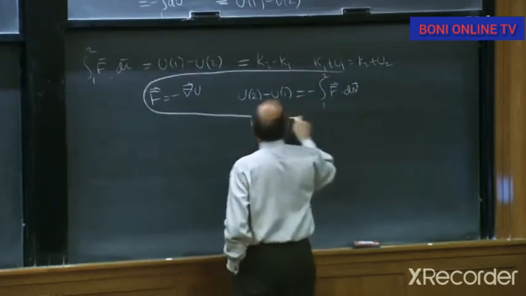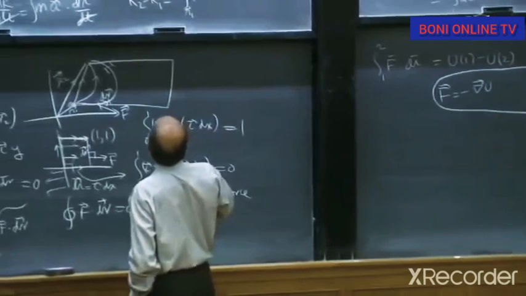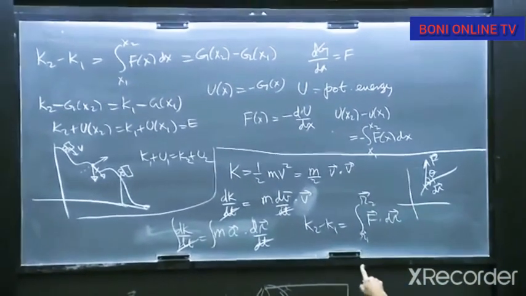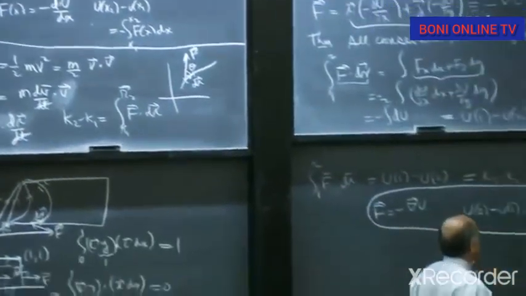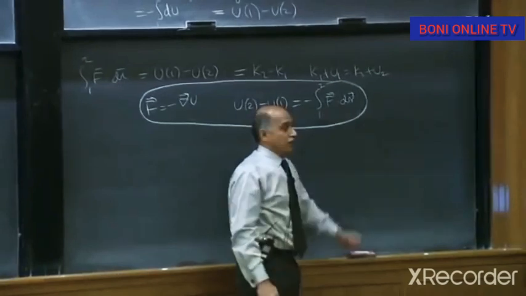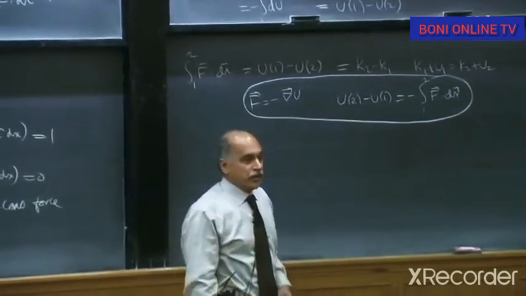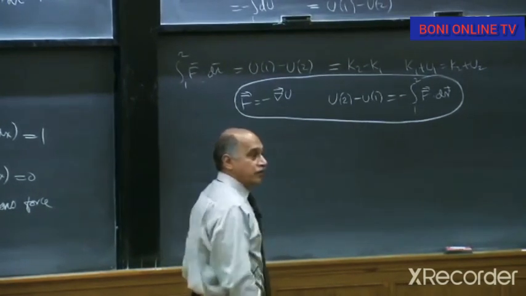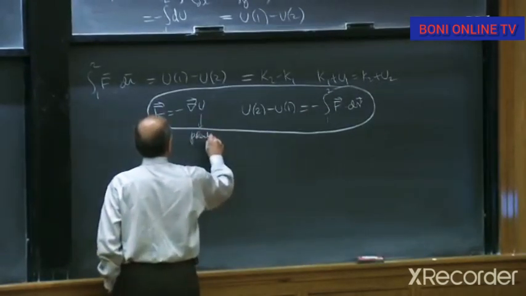This is the two-dimensional generalization of something I wrote in one dimension somewhere, way on the top, that f is equal to minus du/dx, u(x2) minus u(x1) is minus integral of f. The only difference is the integral has become this f dot dr rather than fx dx. So you can get conservation of energy in higher dimensions for those forces that come from a potential. U is called a potential. And U is called the potential energy.